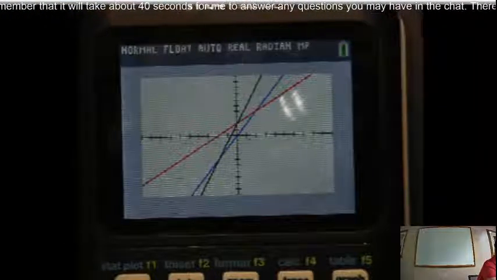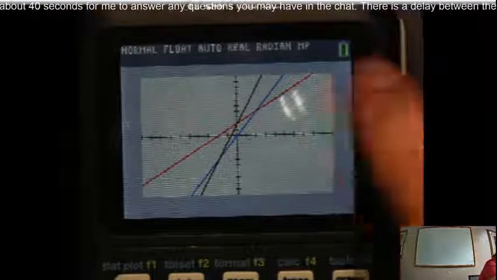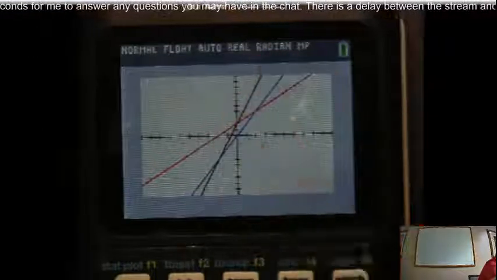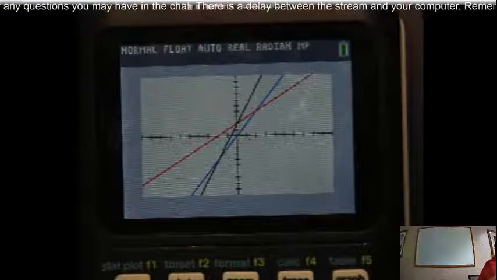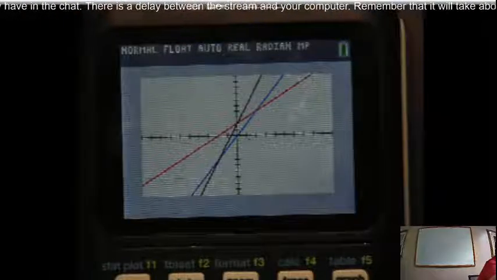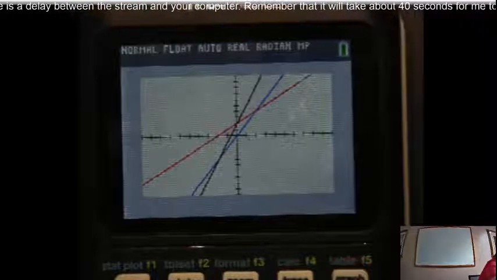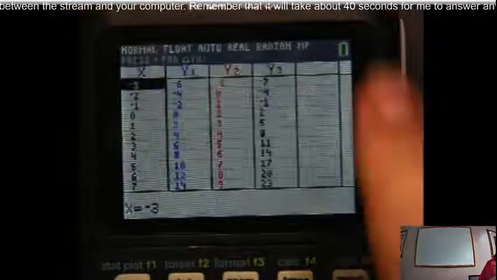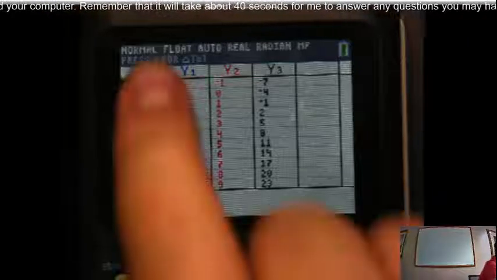So, not really a whole lot we can tell from it, but it does modify this graph quite a lot. This is a combination of the two. Now, what does it mean when it crosses the other lines? Let's take a look. What we're looking for is where they are exactly the same.